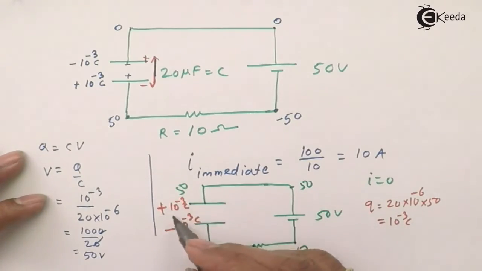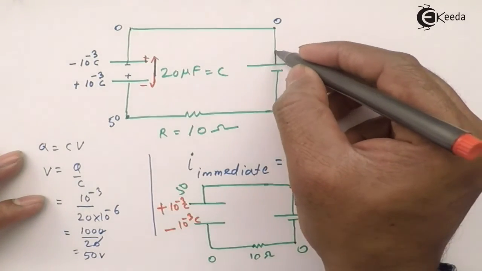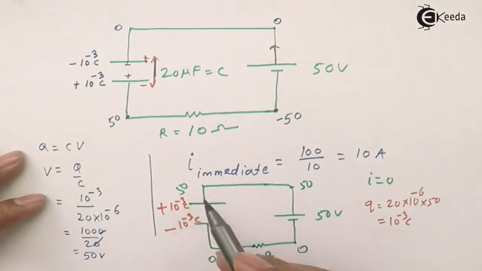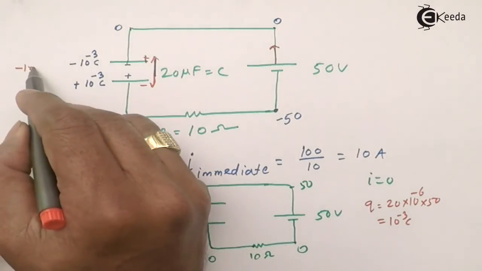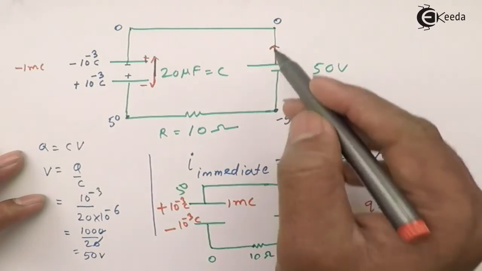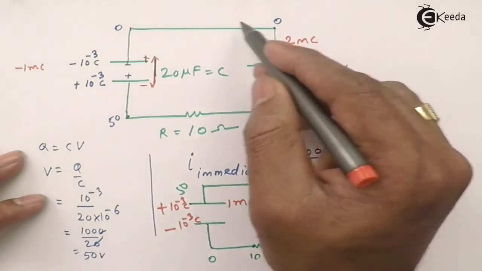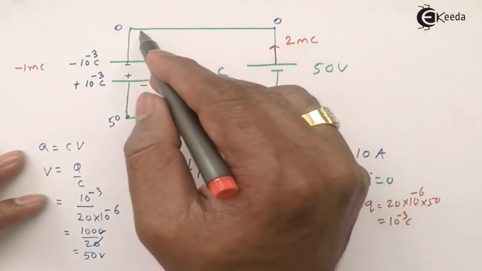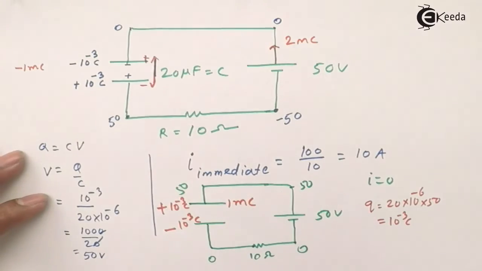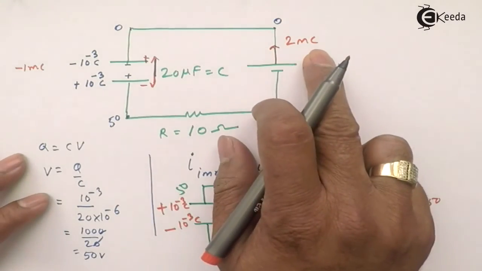To achieve this, how much charge would have flown? It was minus 1 millicoulomb, now it is 1 millicoulomb plus, so 2 millicoulomb must have flown.